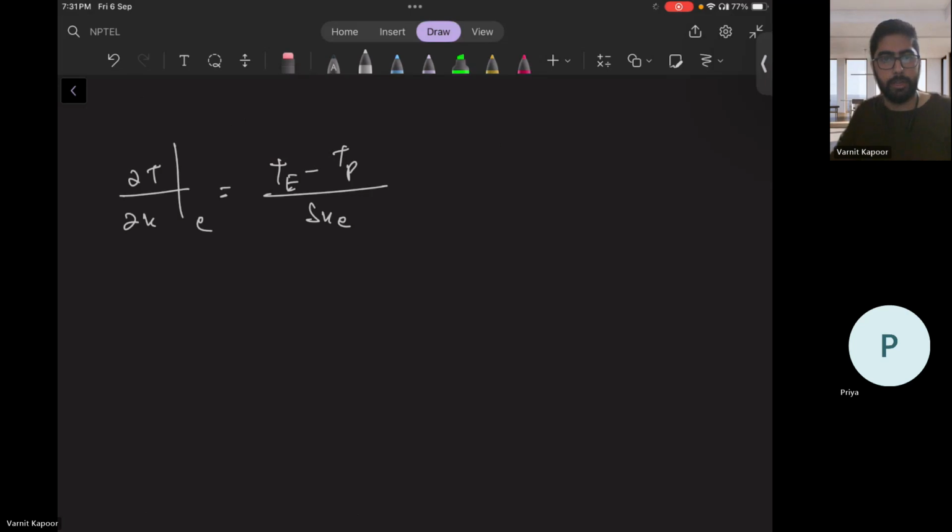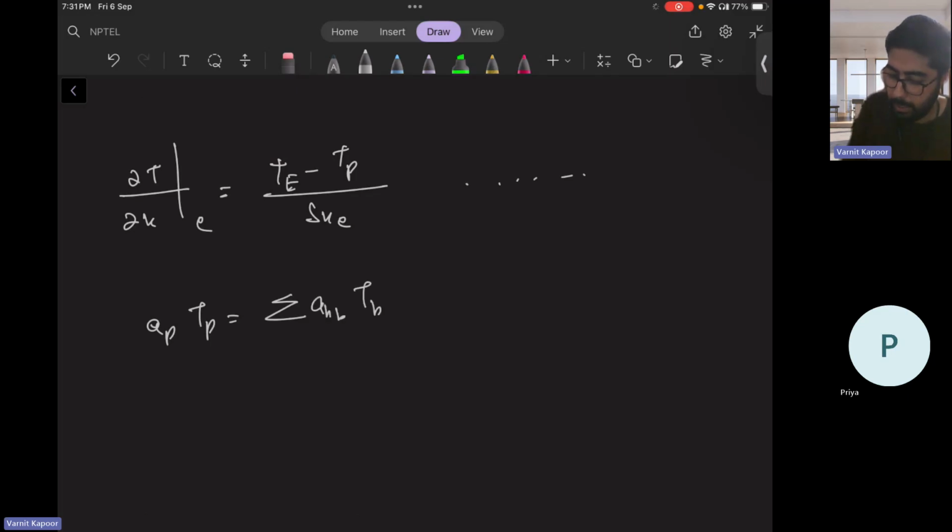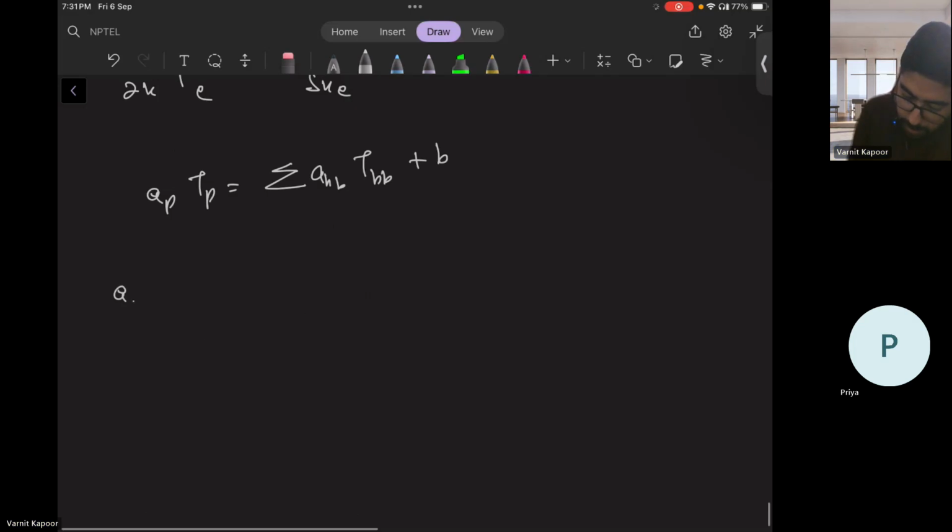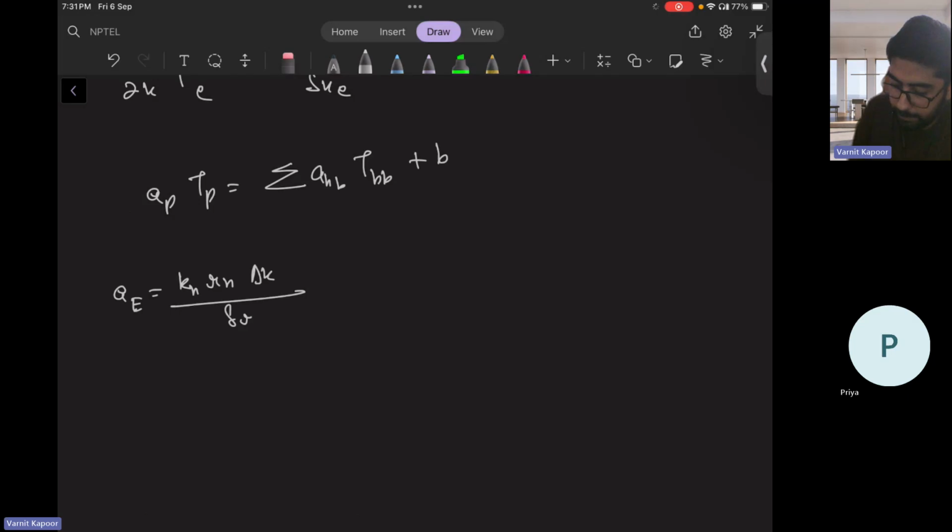Again, the equation will look like APTP equal to summation of A neighbor T neighbor plus the term B. Here the A east and A west coefficients, after you put all the values, will be: A north is Kn Rn del X over del Rn.